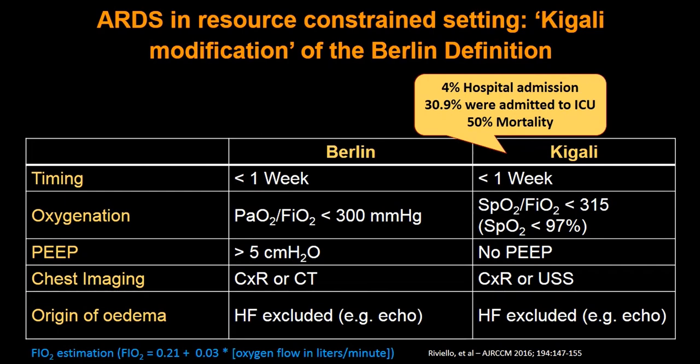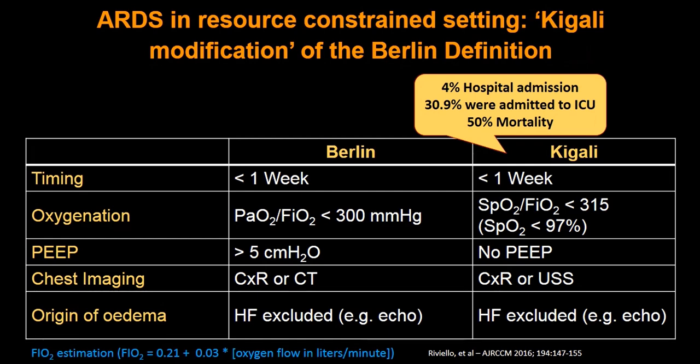You can see on your left-hand side, the second column, the Berlin definition, and the modification, the Kigali definition on the right. But essentially, one is using the SpO2 instead of the PaO2, and that's a new criterion, so less than 315, and the use of chest ultrasound rather than CT scan.